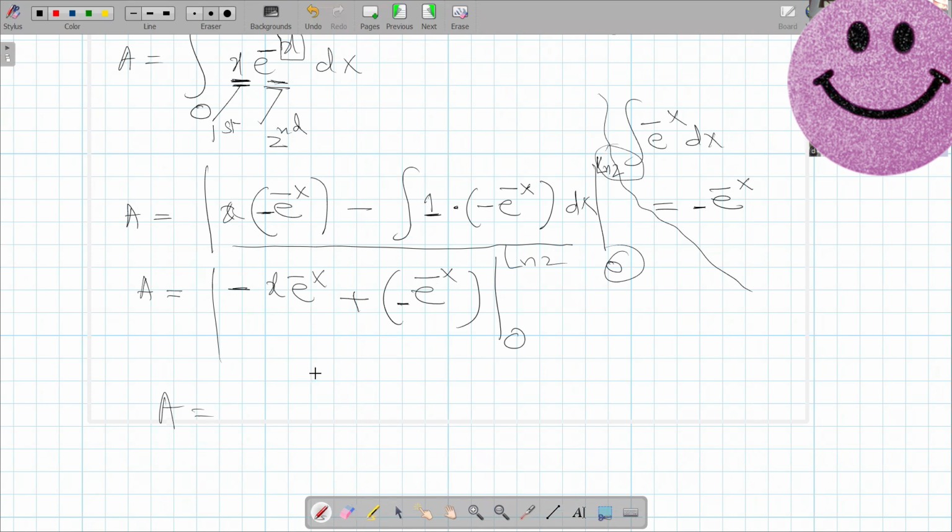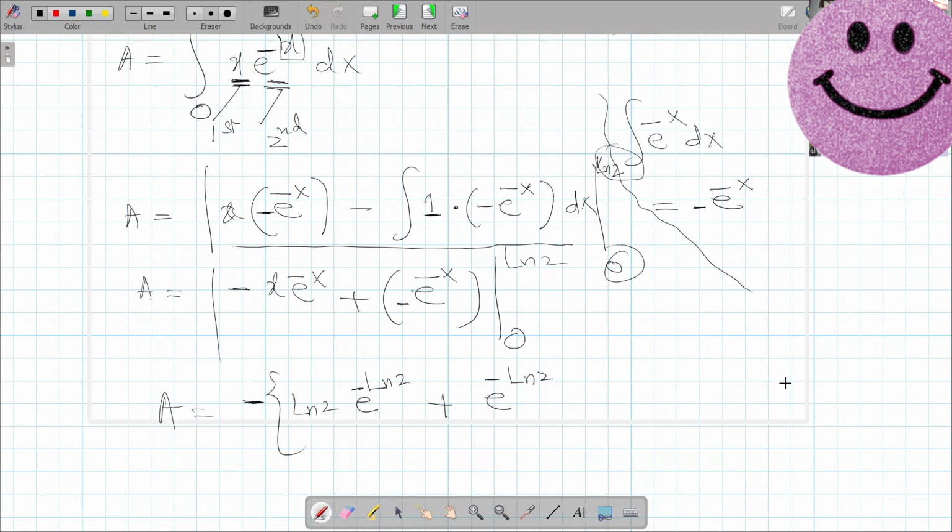Now apply the limits. Let's take the negative sign outside. Apply the upper limit first: ln 2 times e to the power negative ln 2, plus e to the power negative ln 2.